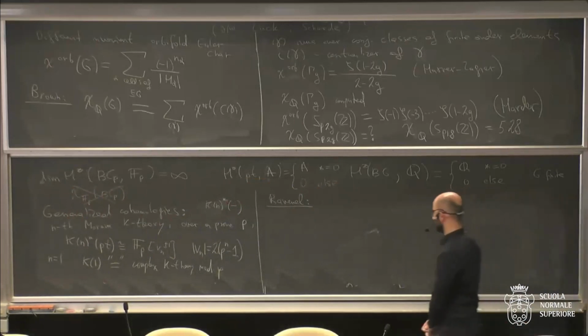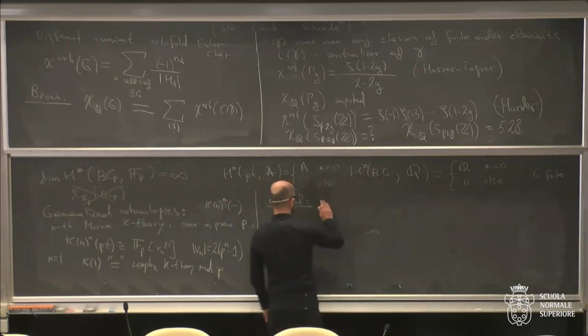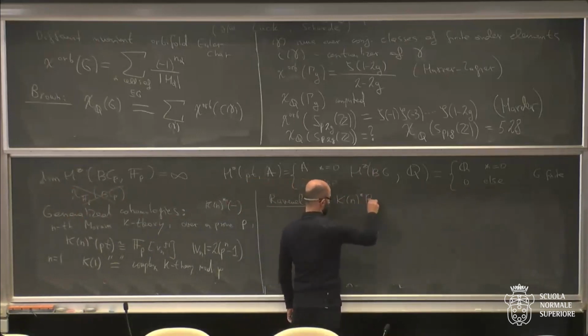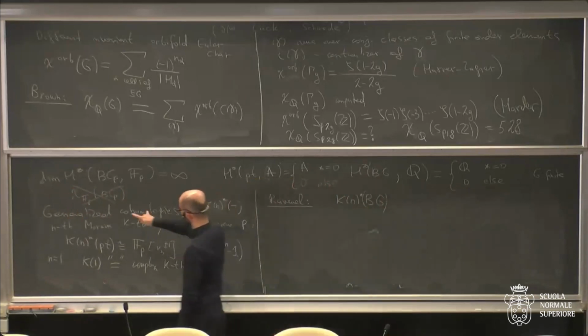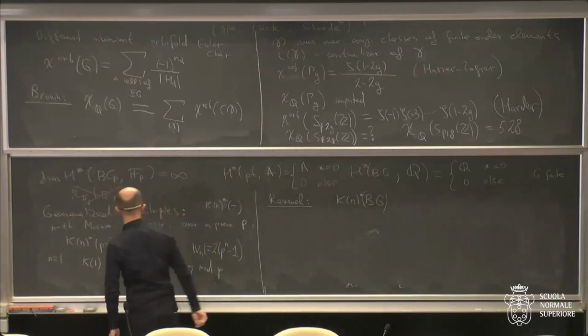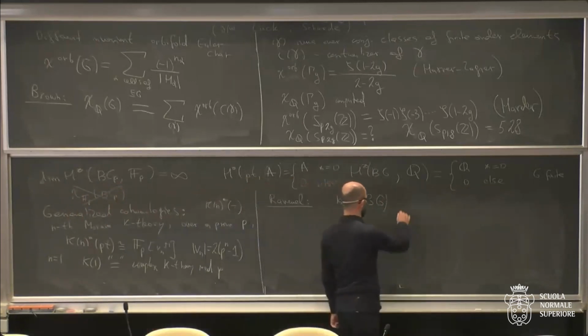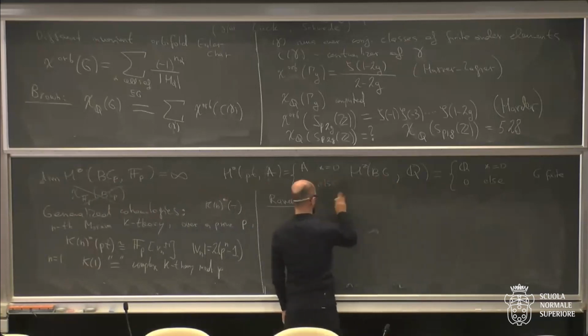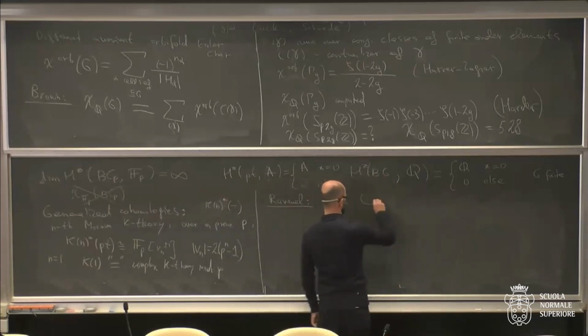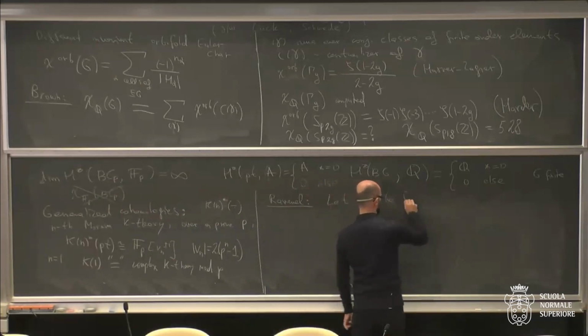The first observation is due to Ravenel. Ravenel proved that if you take K_n upper star of BG, so you take this generalized cohomology of BG, as opposed to this situation here, let's say G is finite.